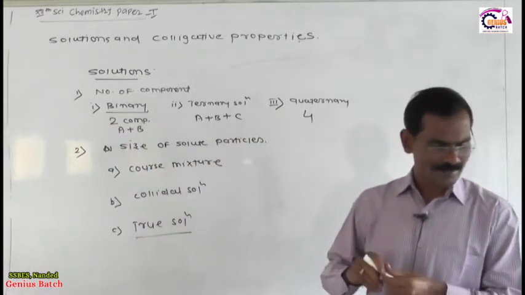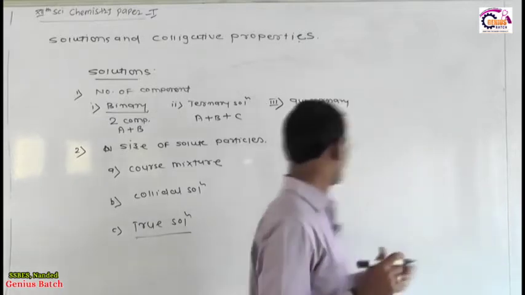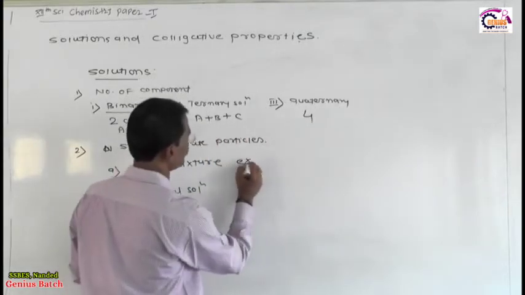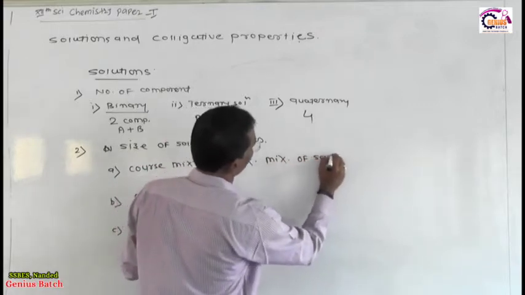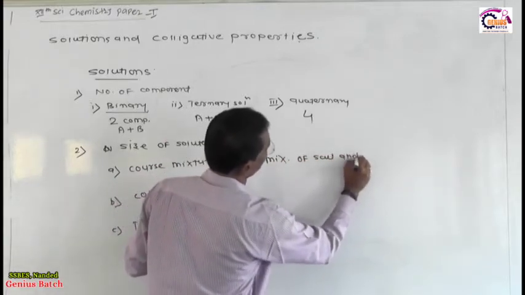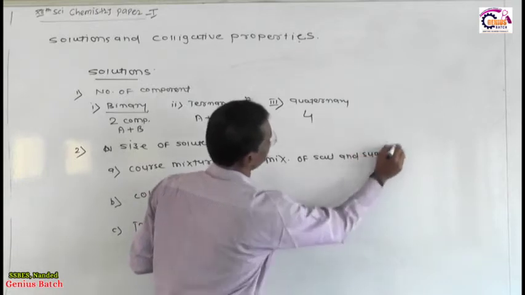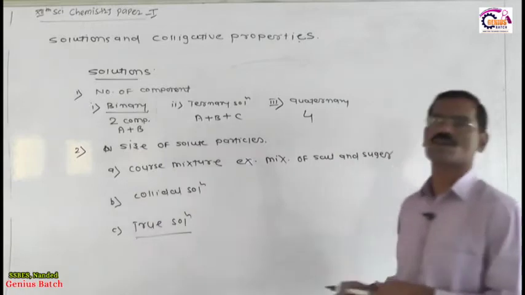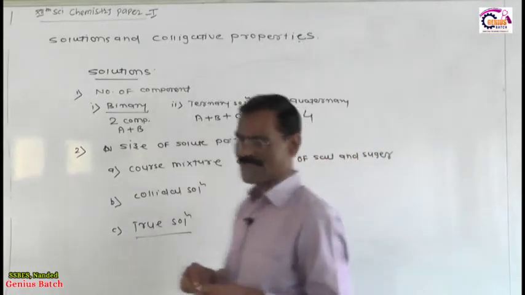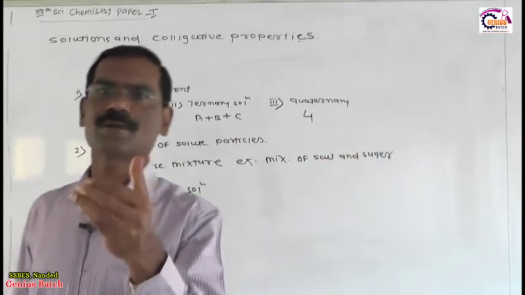For example, if we consider the mixture of salt and sugar, the example of this one is a mixture of what? Mixture of salt and sugar. Dear student, the salt and sugar are 100% visible to our naked eye. When we mix them together, obviously, such a mixture is called the coarse mixture. As per my idea, you don't have any problem in the coarse mixture.